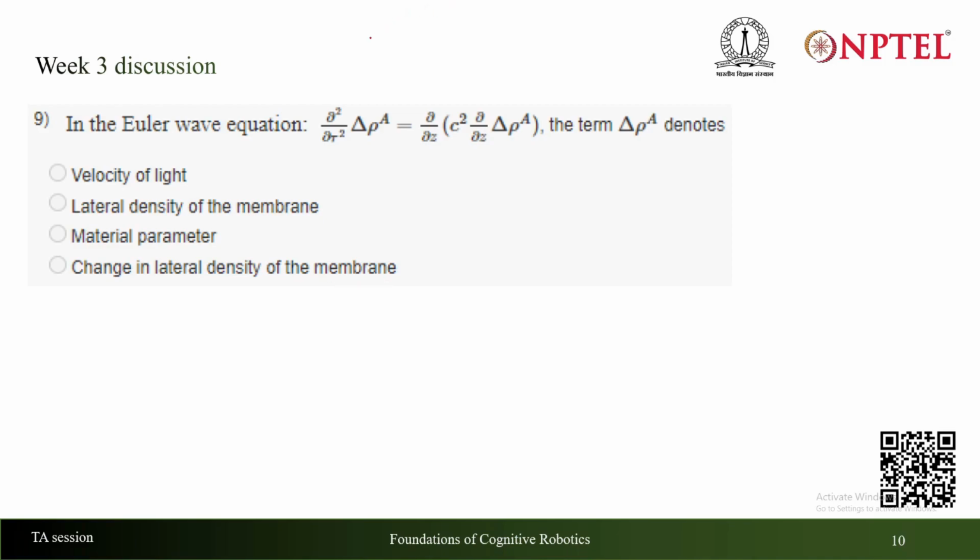If you look at this expression, this is the temporal derivative and this is the spatial derivative, where rho is the lateral density of the membrane through which the wave is propagating, but c is the speed of sound through that membrane, and since we are not interested in rho but rather delta rho, delta rho is the change in lateral density of the membrane. So the right answer for this question is D.